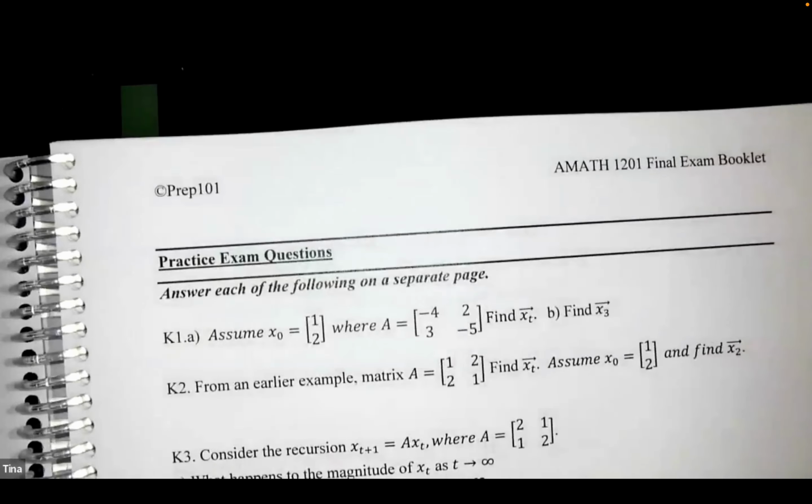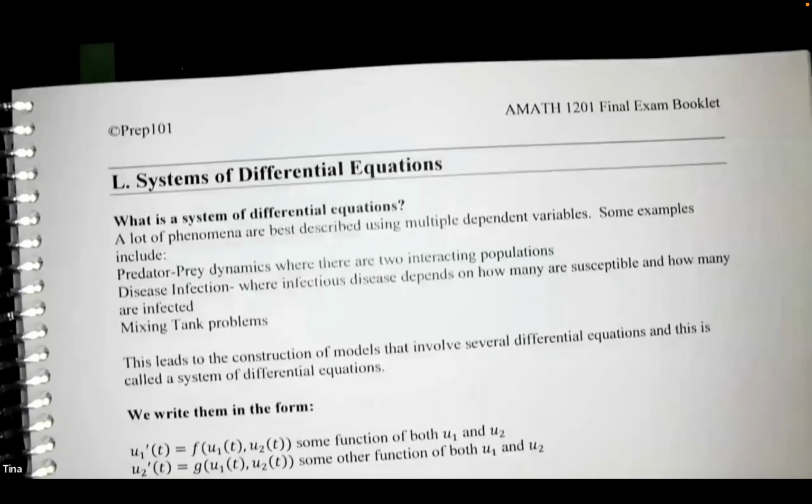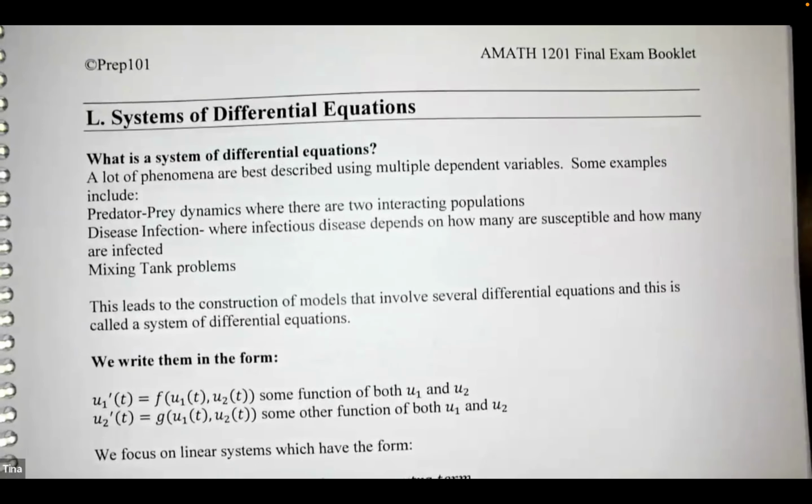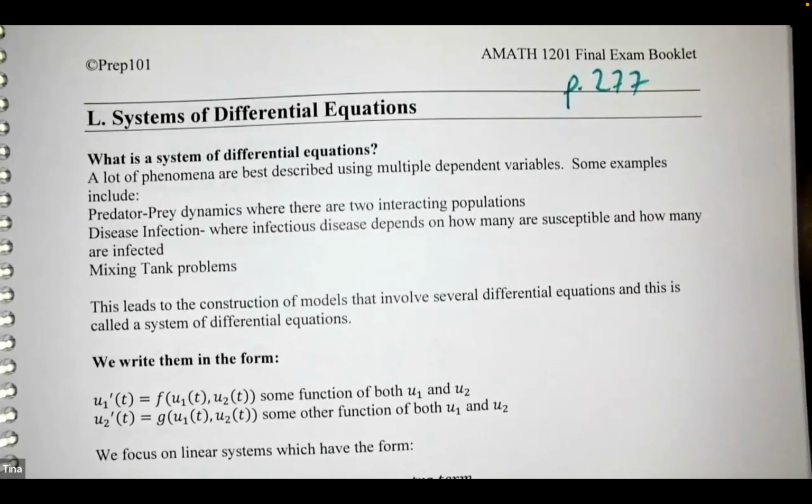Okay, so last section, and we're excited. So page 277. Okay, so in this section, I know there's lots to do in these questions, but you've already learned how to do eigenvalues, eigenvectors, and all of that.